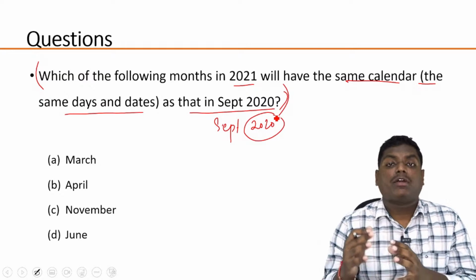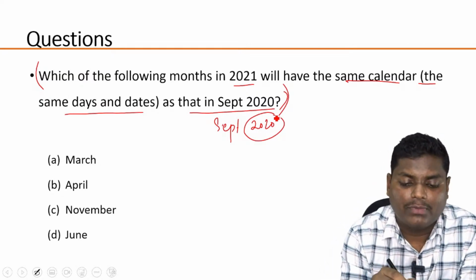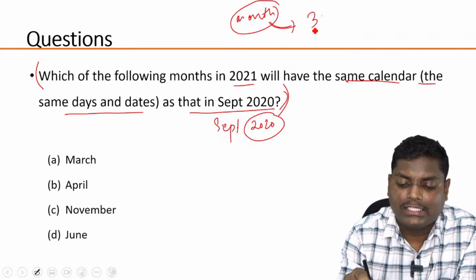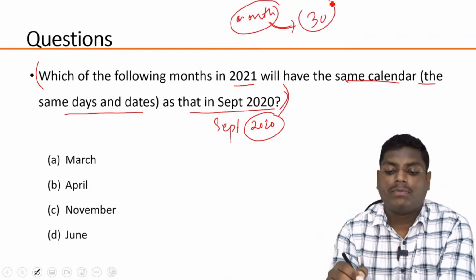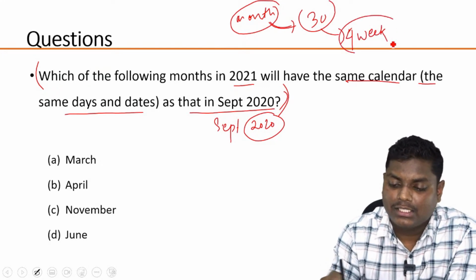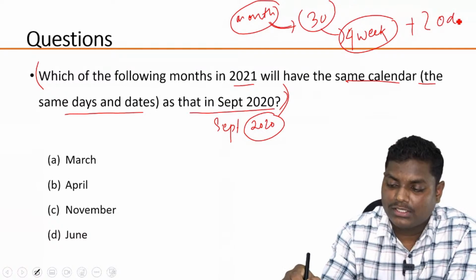You can use the concept of odd days again. In a particular month, if it is having 30 days, we'll be having 4 weeks, 28 days plus 2 days, 2 odd days.